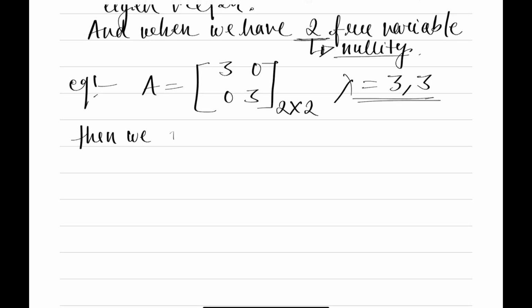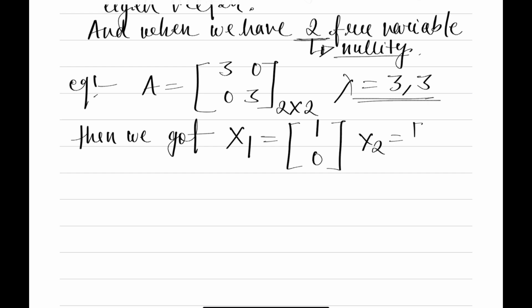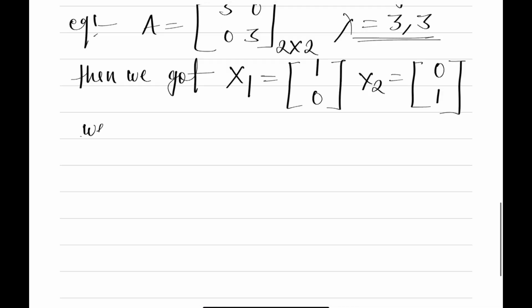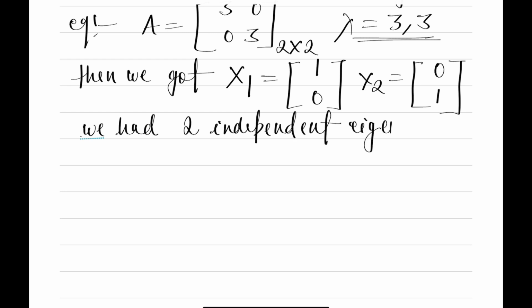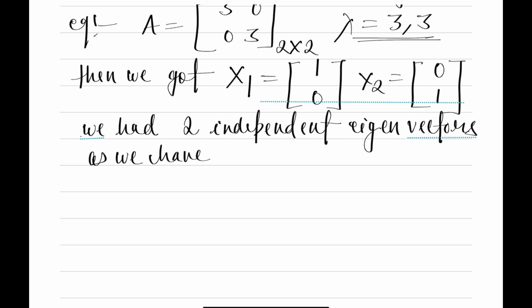Then we got x1 as eigenvector 1 0 and x2 as eigenvector 2, which is 0 and 1. We had two independent eigenvectors, as we have two free variables.